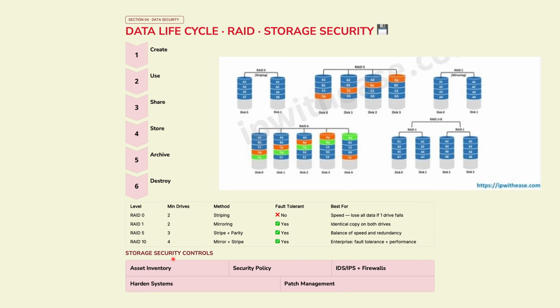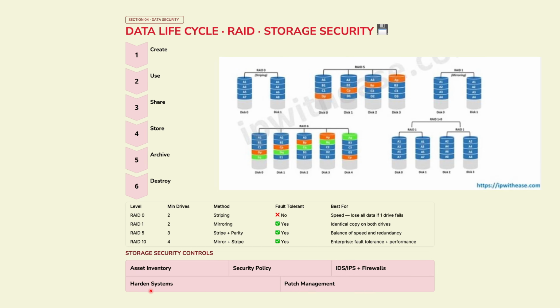Now, the storage security controls have 5 foundational controls to protect the storage system. Starting with asset inventory, which means know what you have. Security policy, define how it is protected. Now, of course, we spoke about IDS, IPS plus firewall.